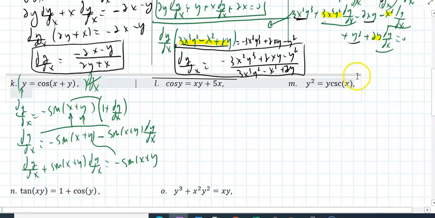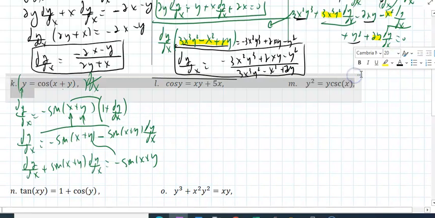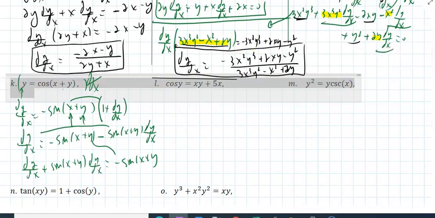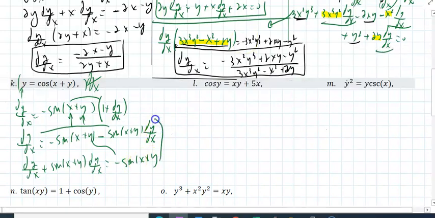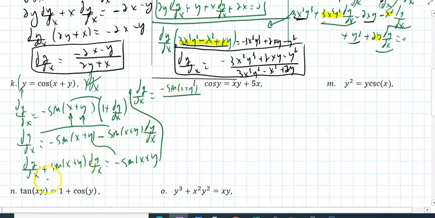And if I factor dy/dx out, I'll have negative sine of x plus y divided by 1 plus sine of x plus y.